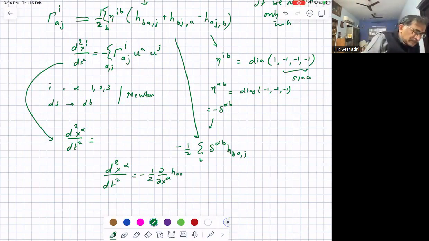You need not bother about this alpha being up and down, because I have suspended that. Explicitly, I'm using eta, so it doesn't matter. Are you with me?